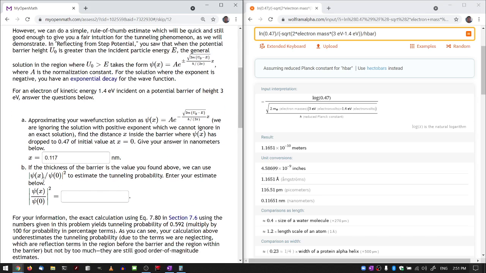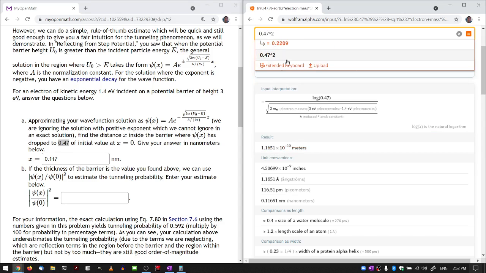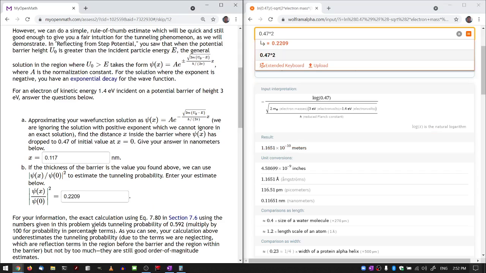You can use this to estimate tunneling probabilities. So it ends up being taking 0.47 and squaring it, so 0.47 squared is 0.2209.